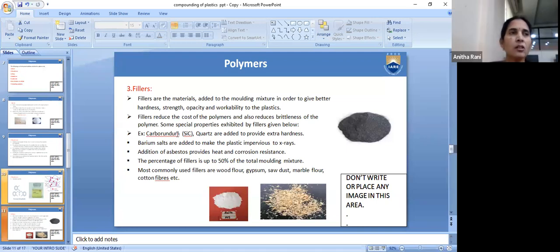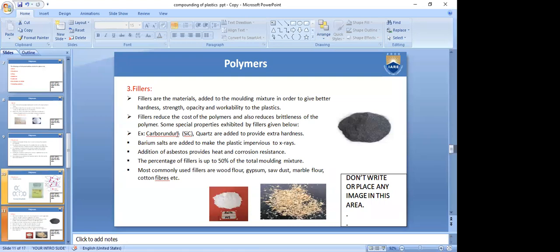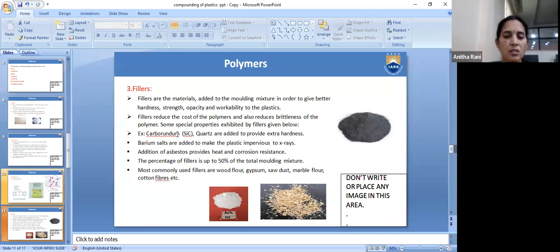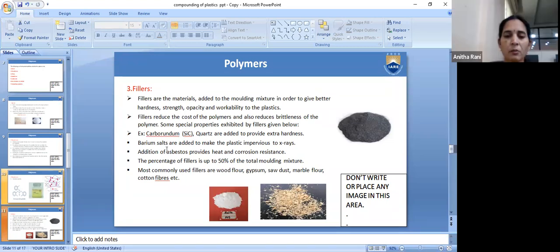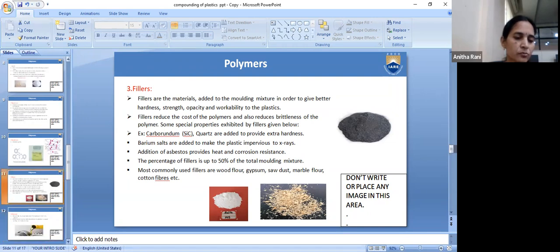It does not allow the X-rays to pass. Asbestos we are adding to provide heat and corrosion resistance. Remember the examples: carborundum, silica carbide, quartz, barium salts, asbestos. Some other fillers I gave here: wood flour, gypsum, marble flour, cotton fibers.